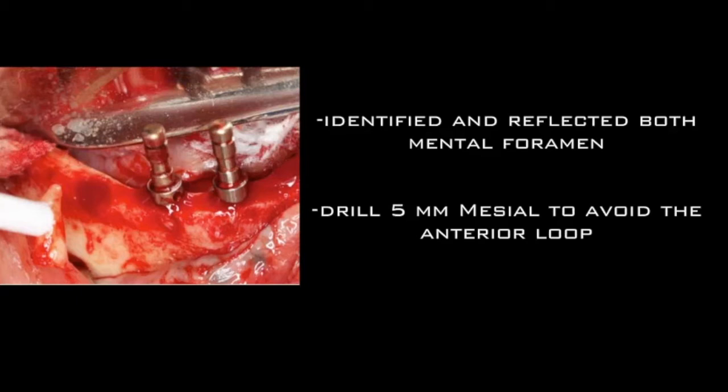That loop could typically go 3 to 5 millimeters, but it could extend up to 10 millimeters. So we try to visualize that in the CT scan or radiographic examination. But it's safe to say that if you drill 5 millimeters mesial to that mental foramen, you will be in the safer zone.